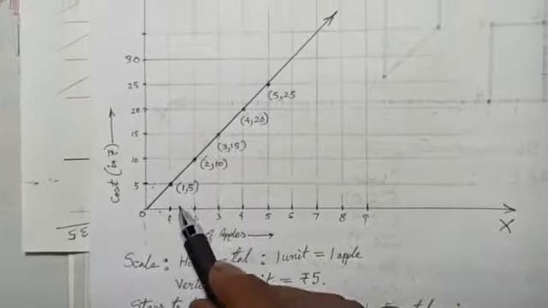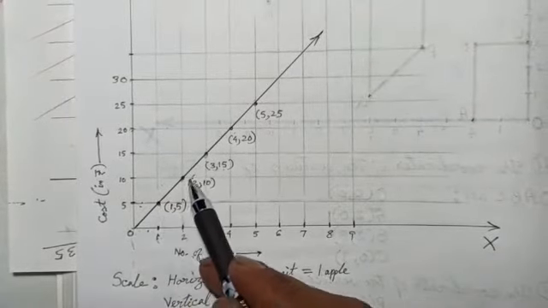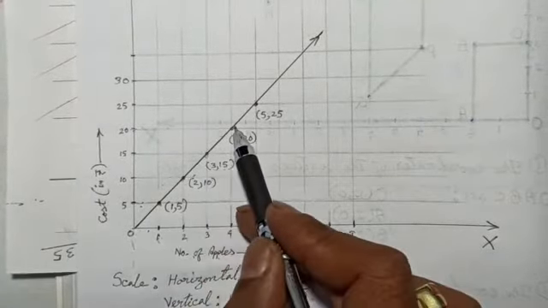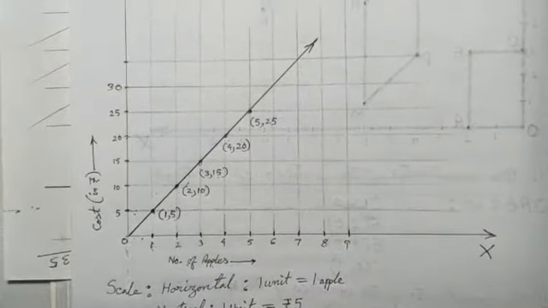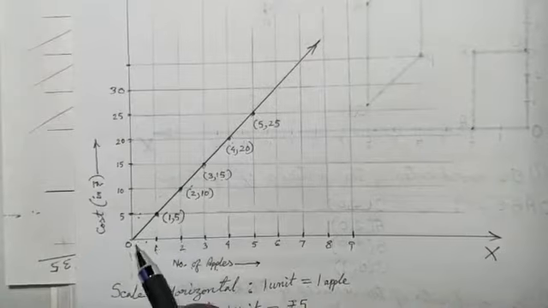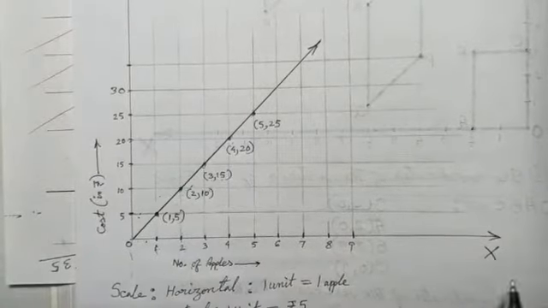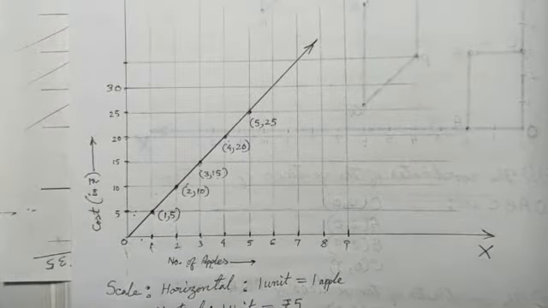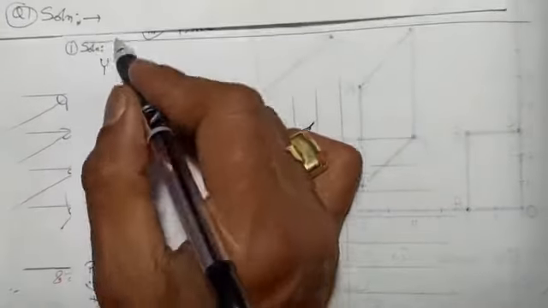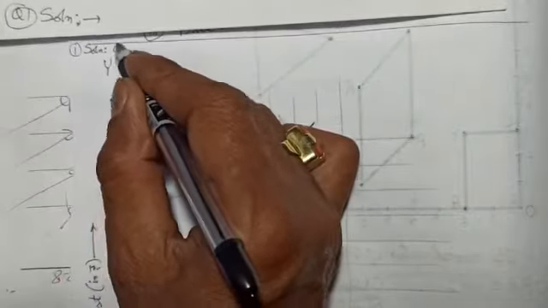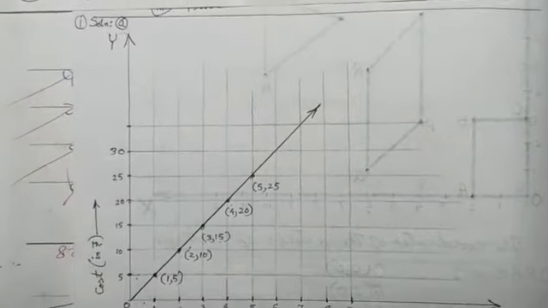Now we are joining all these points, and we are getting a straight line. And this is the required graph. So question number 1A is over.